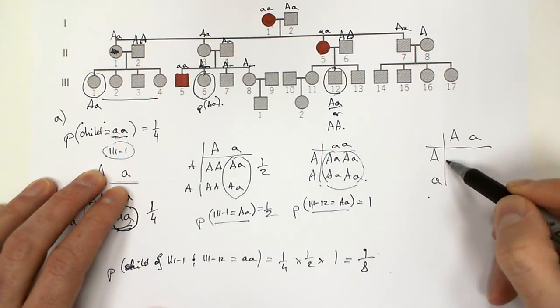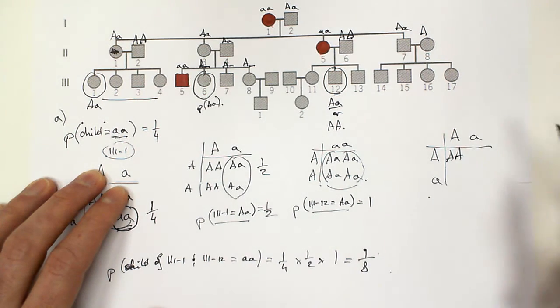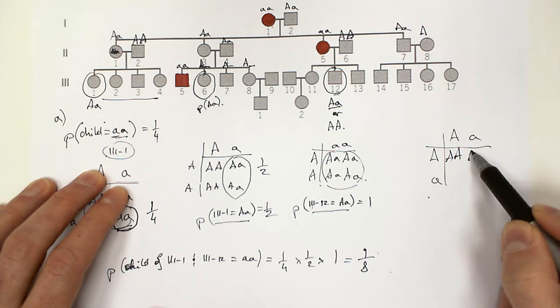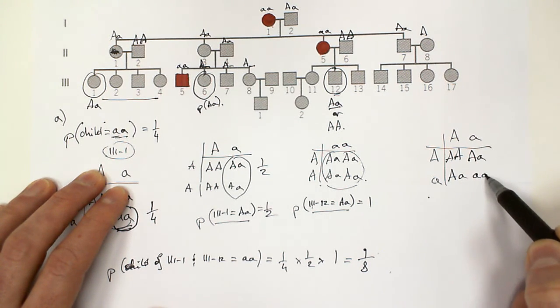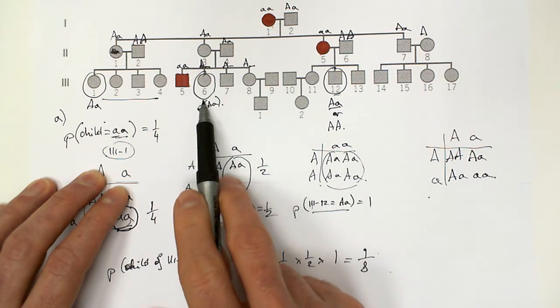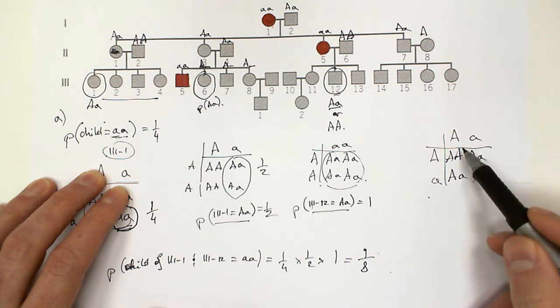If we do the Punnett square, then their children could have the following genotypes: big A, big A; big A, little a; big A, little a; and little a, little a. Now we know that this person is not little a, so we can cross this one out. What's left now is 3 different possibilities.